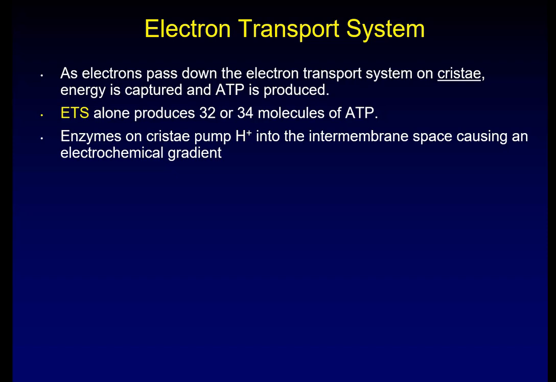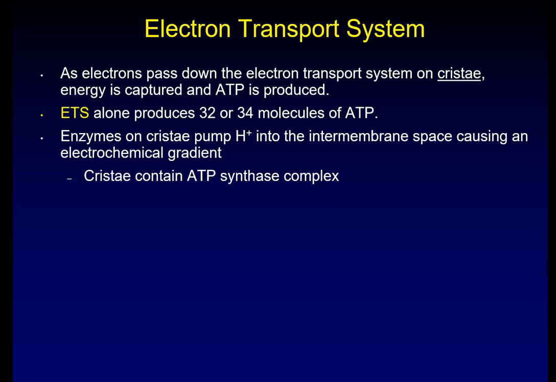And when we pump these hydrogen ions over into that intermembrane space, we end up building what's called an electrochemical gradient. A gradient meaning a change across the membrane, because we're going to have more of those hydrogen ions in the intermembrane space than we have in the matrix.